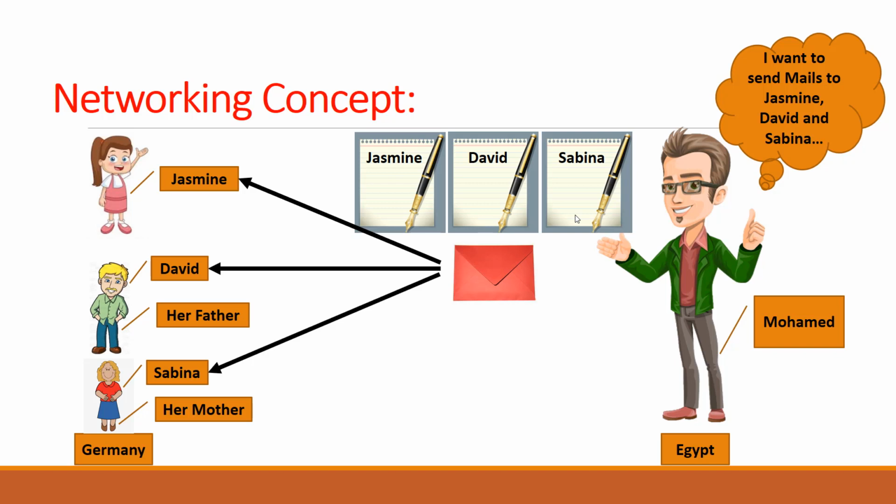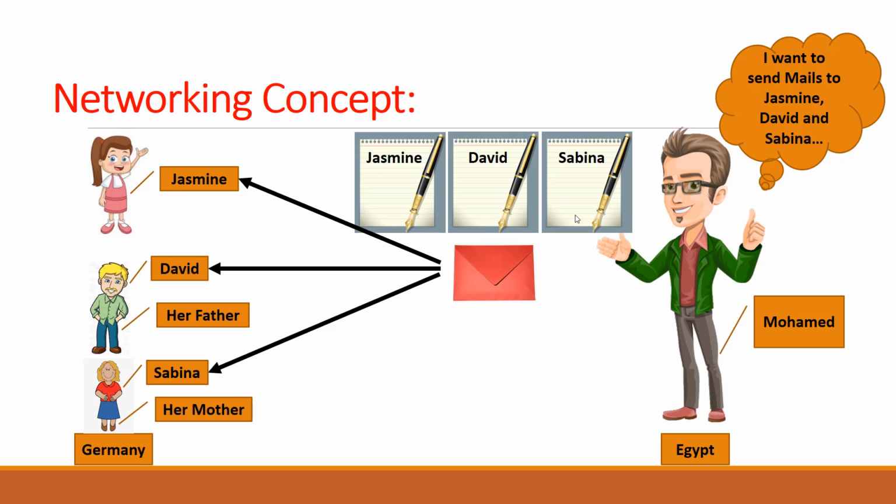And each one of them will receive the appropriate letter based on the name written over the letter. See, this gives you an example of how the communication process is accomplished, with no confusion or conflicts or mistakes in the letters. Jasmine will take her letter based on the name on the letter.